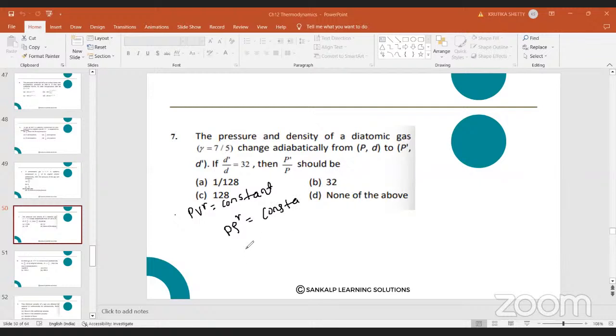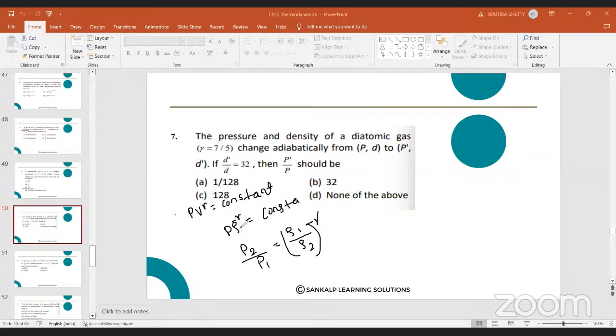It is the same equation as what you wrote earlier, but now in terms of density, not in terms of volume. Here the minus will come: P1 divided by P2 is rho1 divided by rho2 to the power of minus gamma.